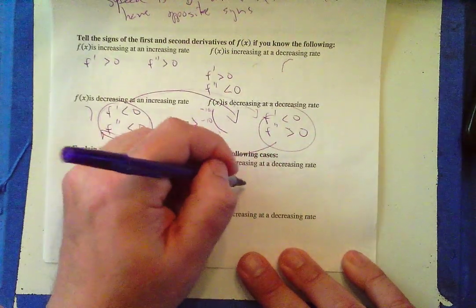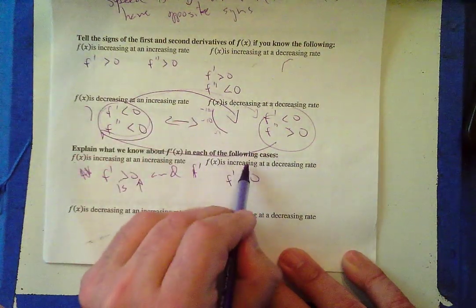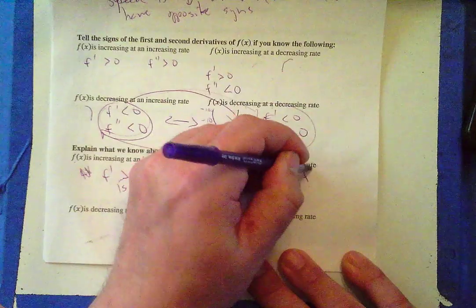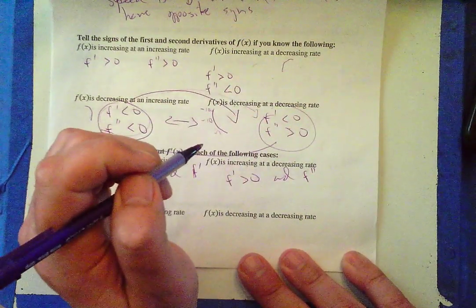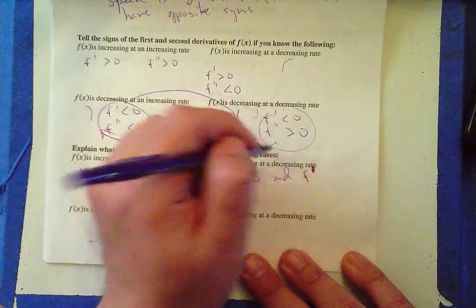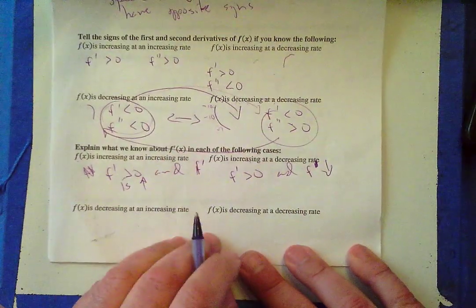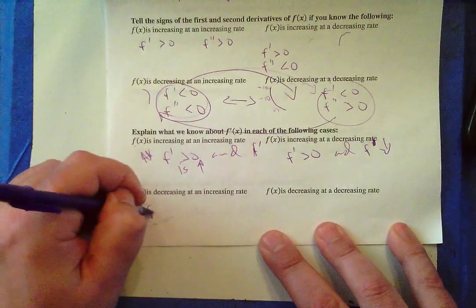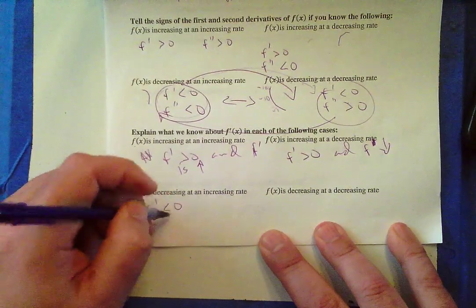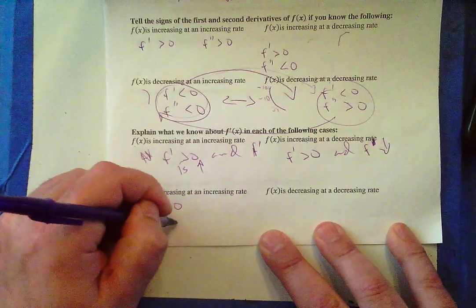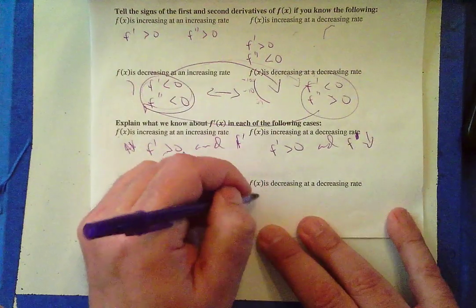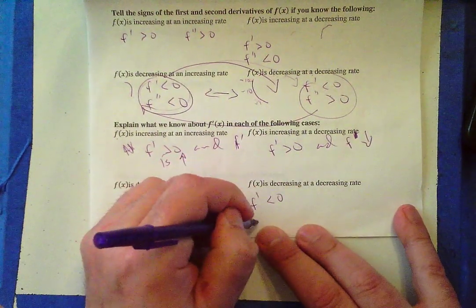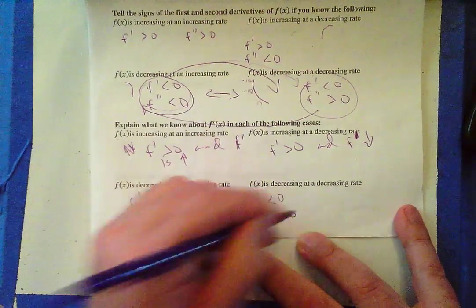So f prime is greater than 0 because f is increasing, and f prime is decreasing. f is decreasing at an increasing rate. f prime is less than 0. f double prime is greater than 0. And f is decreasing at a decreasing rate.